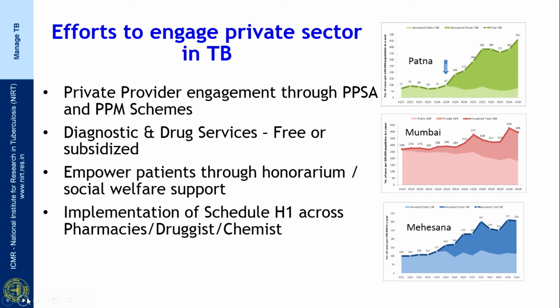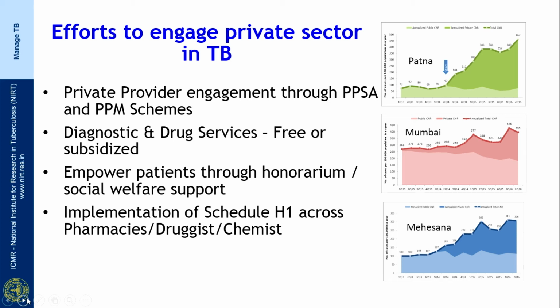Here on the right-hand side you can see three different diagrams in which three different interventions were planned: one in Patna, second in Mumbai, and third in Mehsana. Before starting the intervention, a very minimal number of notifications was coming through the private sector.